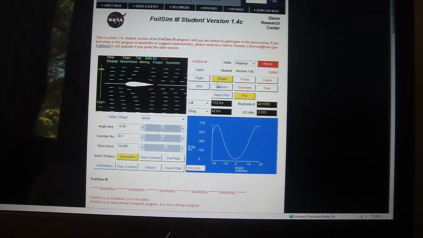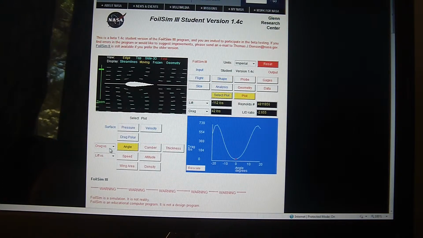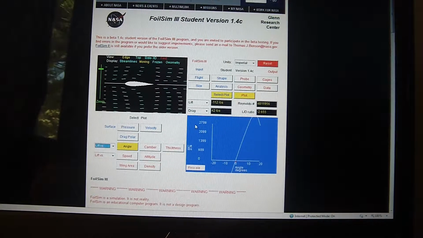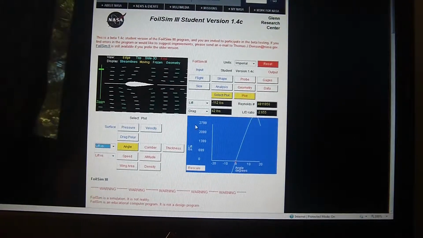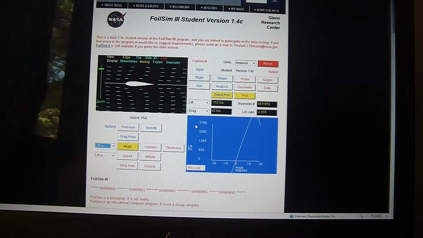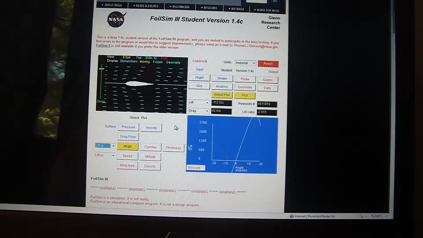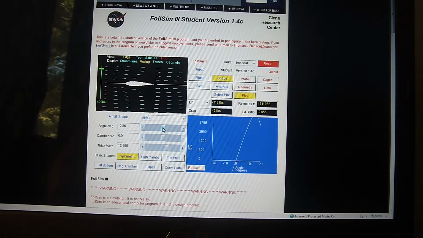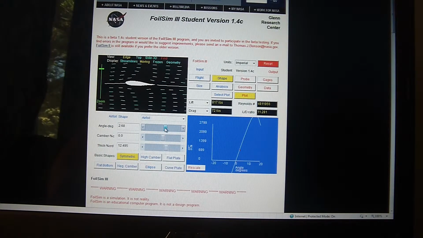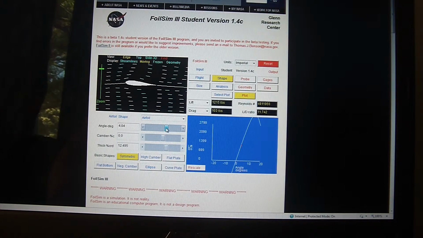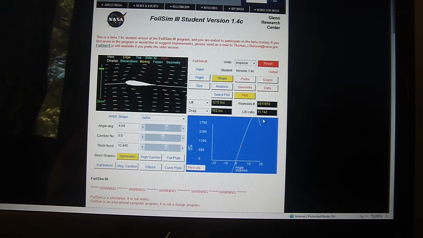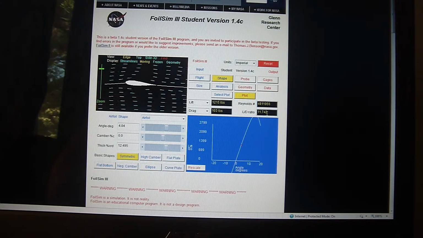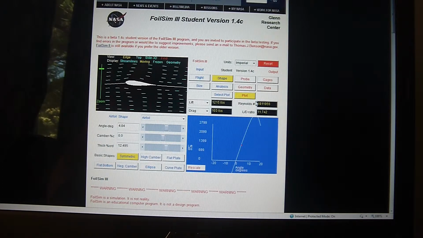Okay, let's go back to the lift versus angle. What we're trying to achieve when we set up our helicopter is a hover with the optimum lift drag ratio. And if we look at the graph again, about 4 degrees gives us a lift drag ratio of about 11.7.